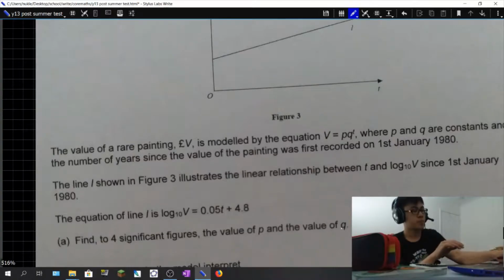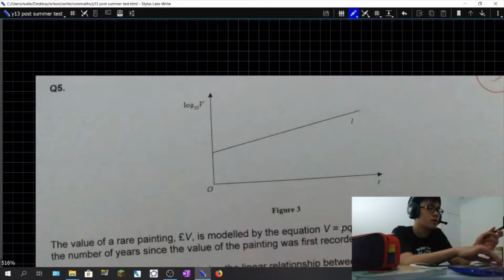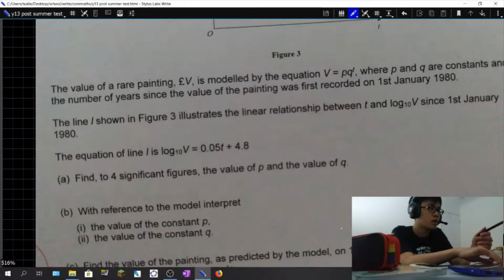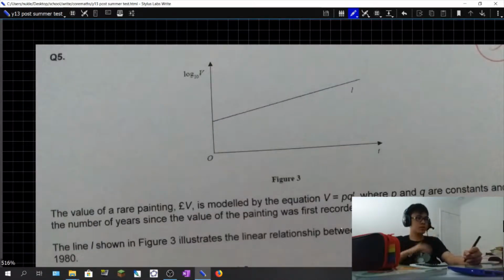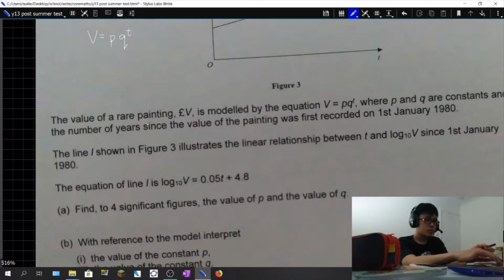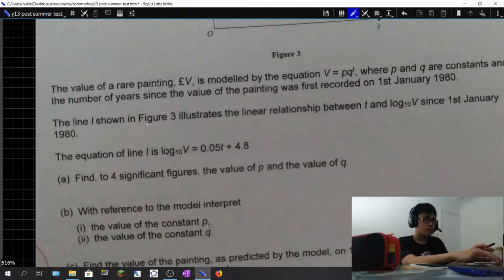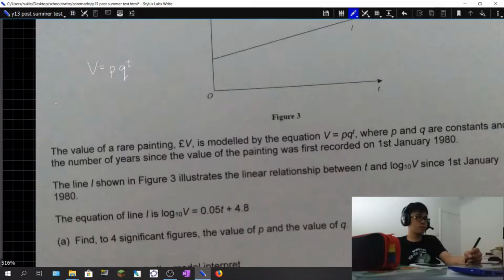Next guy. Now we have another thing to do with logarithms. Okay, v is equal to p times q to the t. And the line says log v base 10 is equal to 0.05 t plus 4.8.